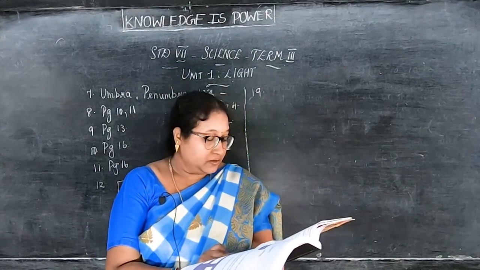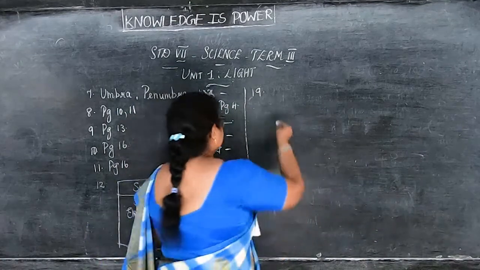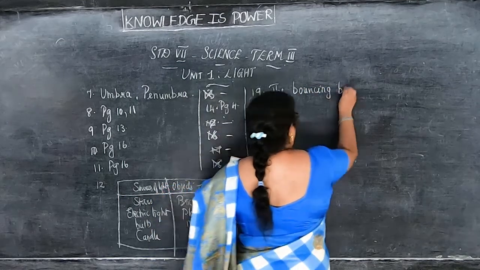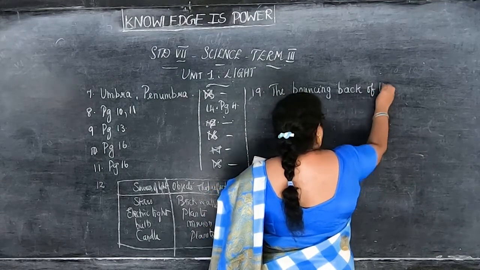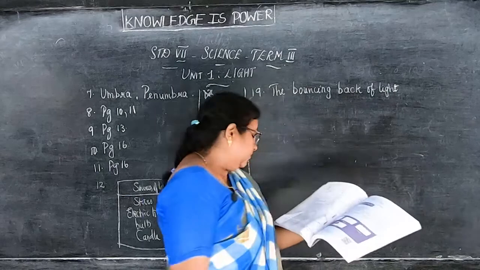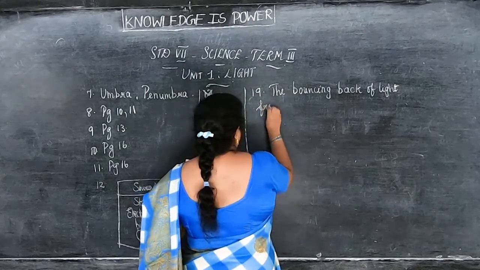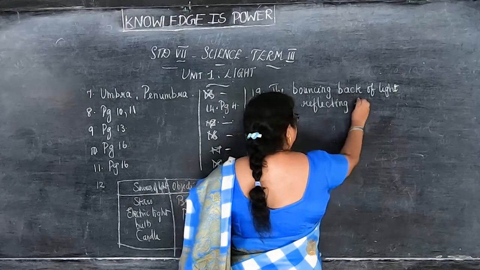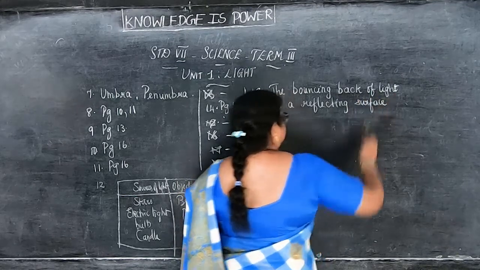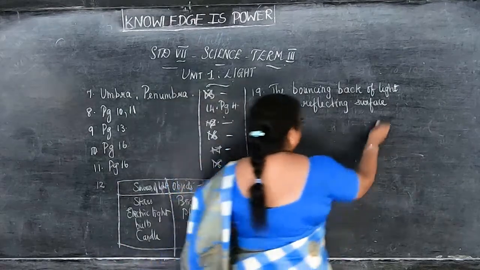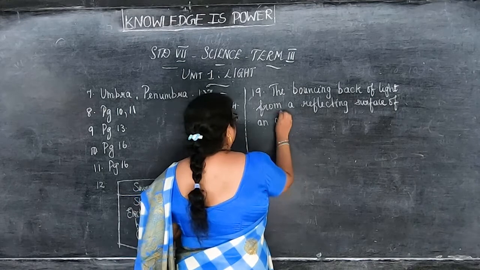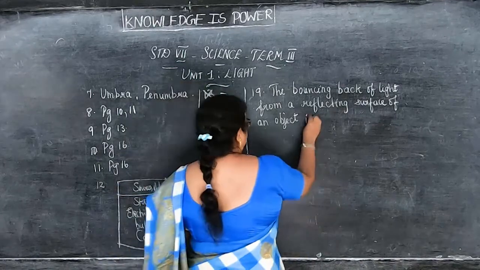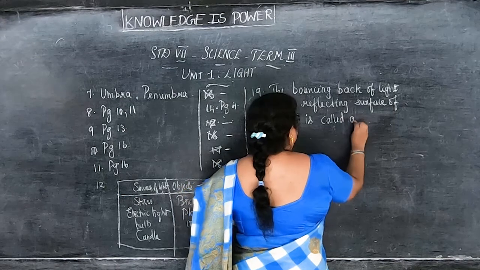The answer is: the bouncing back of light from a reflecting surface of an object is called reflection of light.